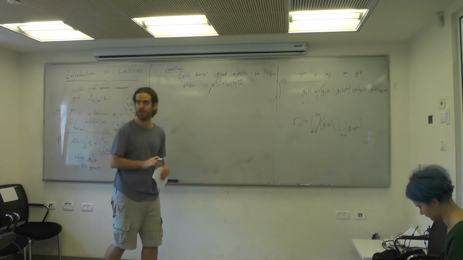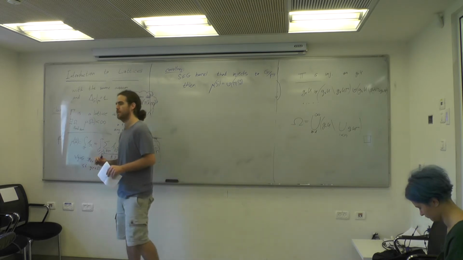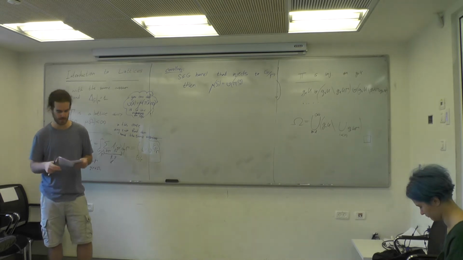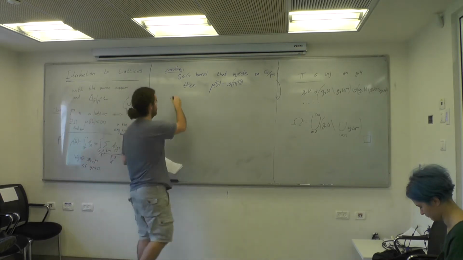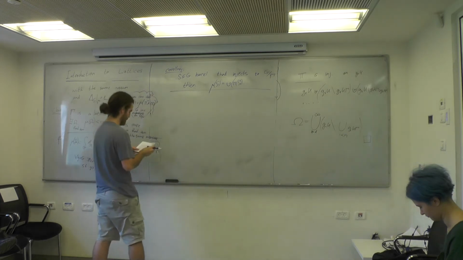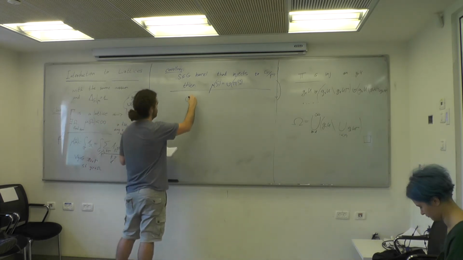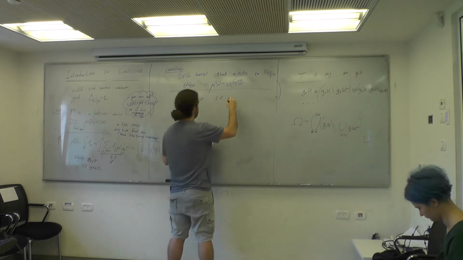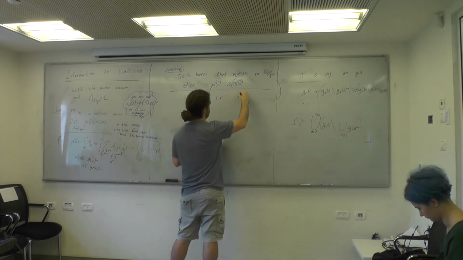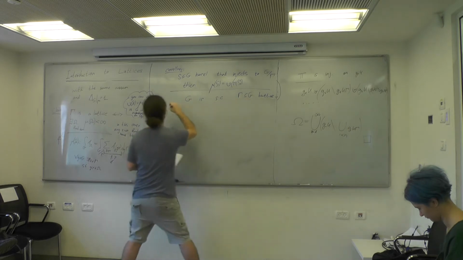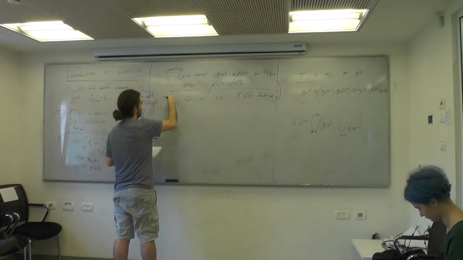So now returning to the question of when is a lattice uniform, some condition is given by the following criteria. Theorem: suppose G is second countable and gamma is a lattice.